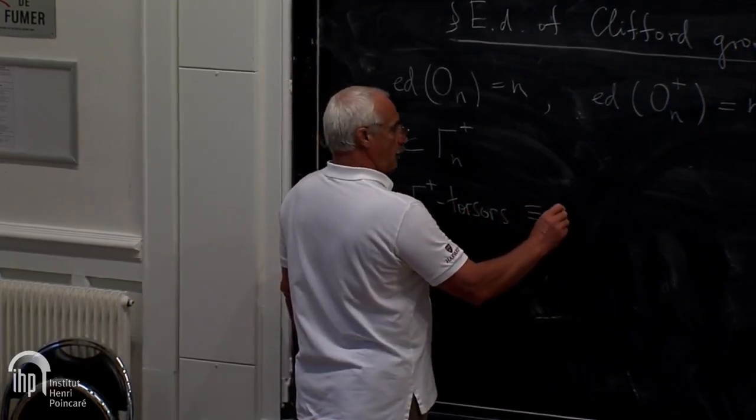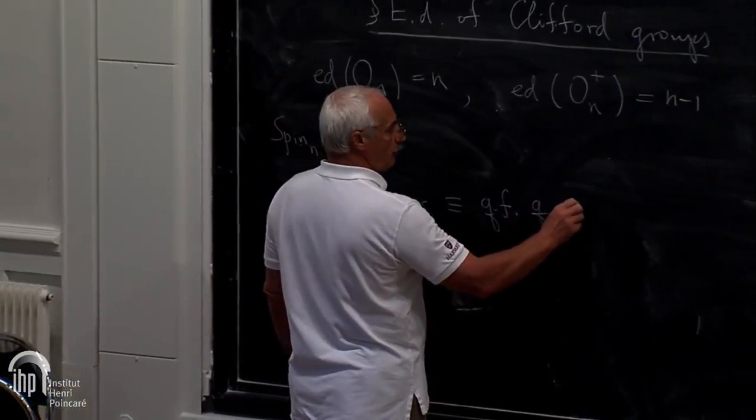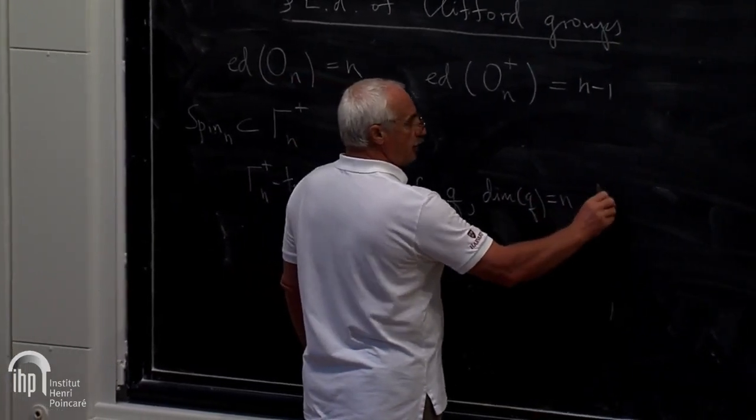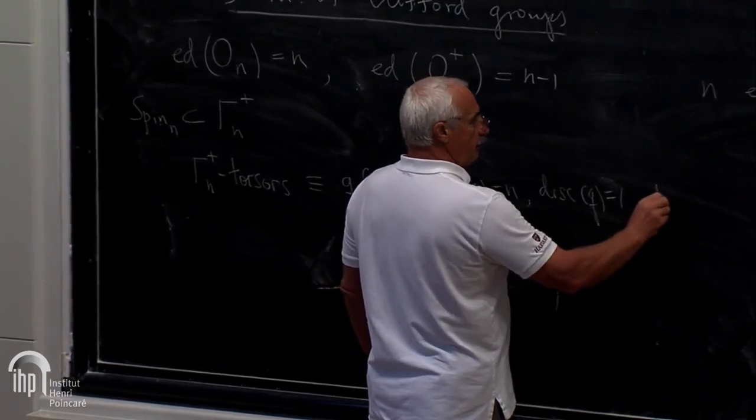are quadratic forms Q of dimension n, trivial discriminant, and trivial Clifford invariant.